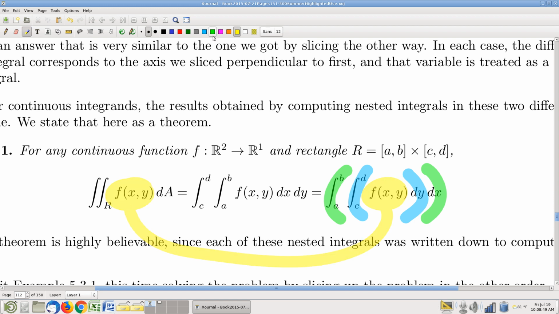For the other one, the y slicing is on the outside, and the x slicing is on the inside. And, of course, f is our integrand. Quick observation, by the way. The integrand for the double integral, the integrand for the nested integrals, is always the same. No surprise.